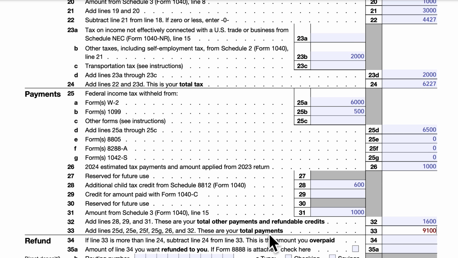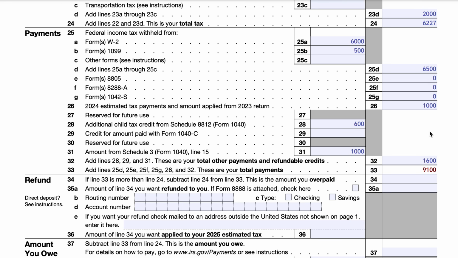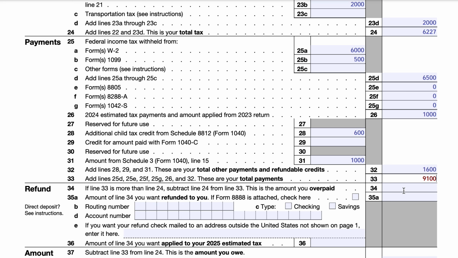Now, we get to the part where it's the refund, the amount that you owe. You're going to complete one of these or the other, not both. The way to determine that is if line 33 is greater than line 24, then you're going to fill in the refund portion. That means you paid more taxes than what you owe, so you should expect a refund.